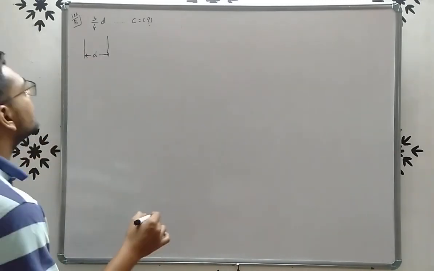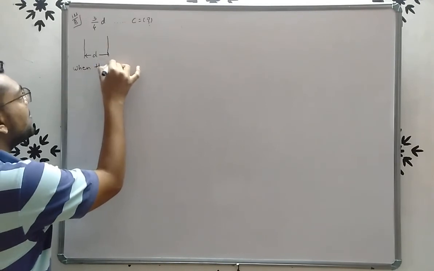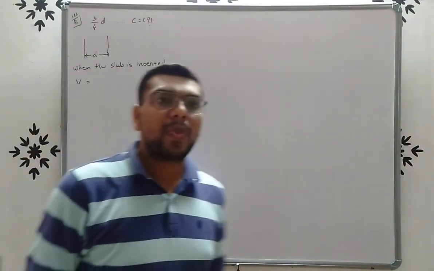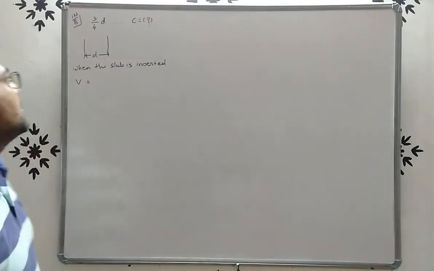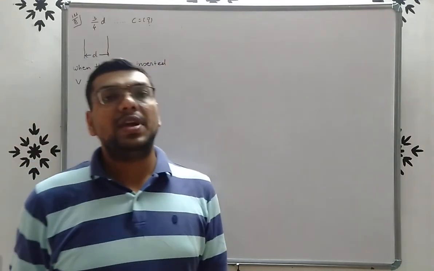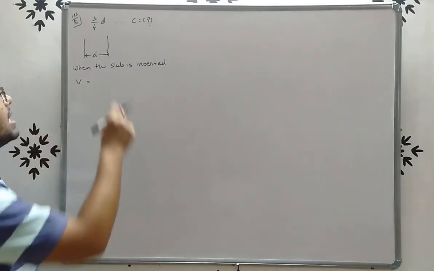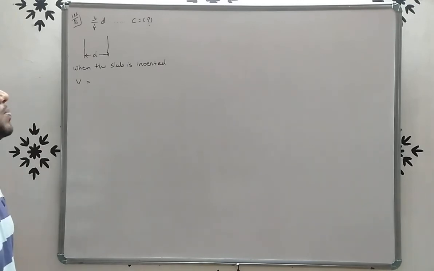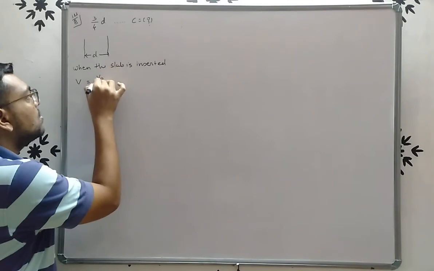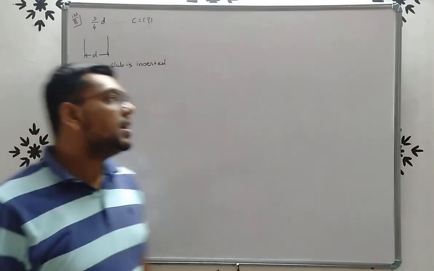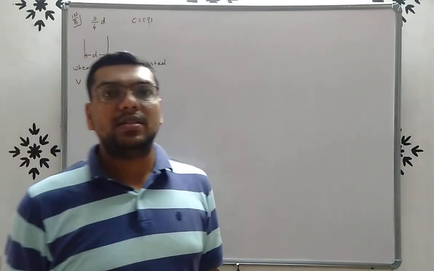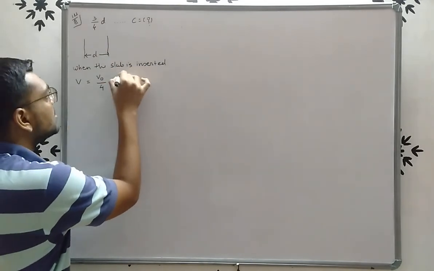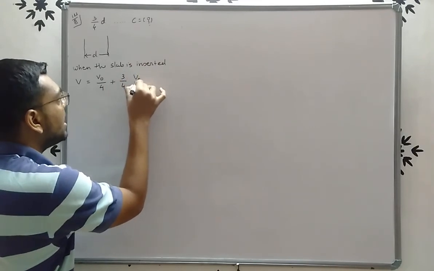When the slab is inserted, then V is equals to V0 by 4 plus 3 by 4 into V0 by capital K, because in the 3 by 4th part there is a dielectric, right?